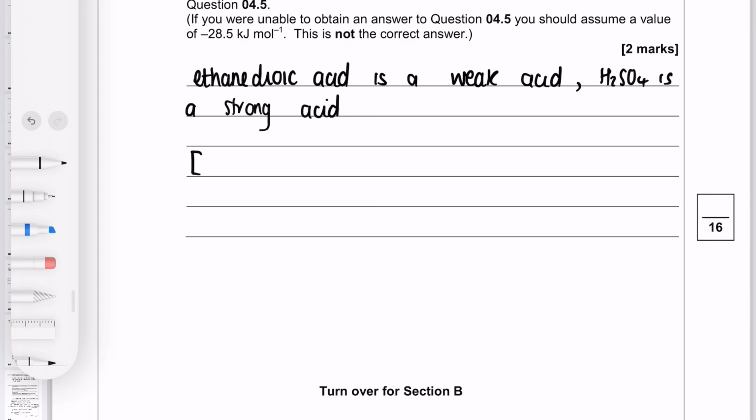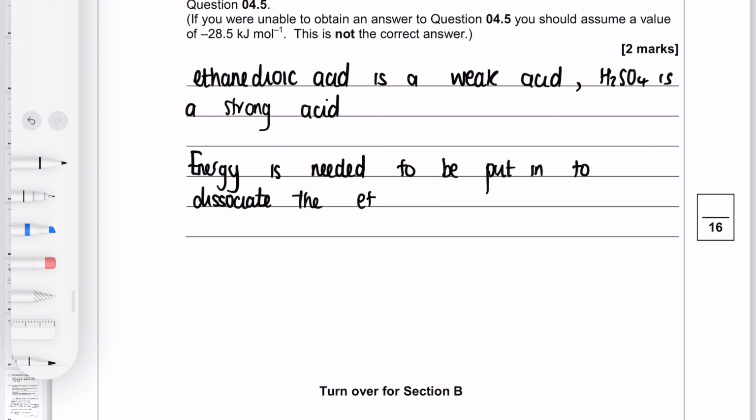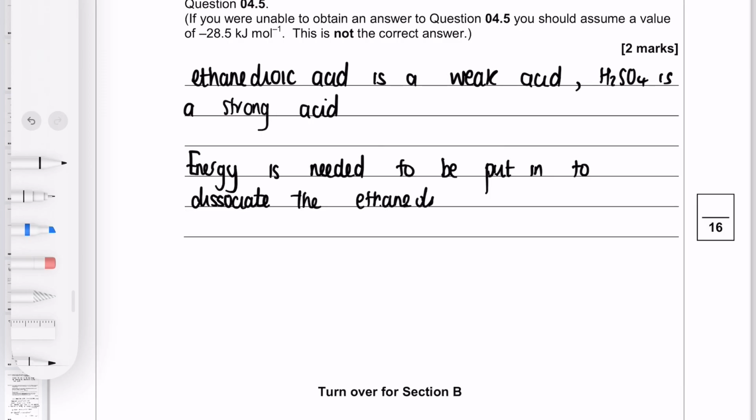And the point then is that energy is needed to be put in to dissociate the ethane dioic acid before neutralization.